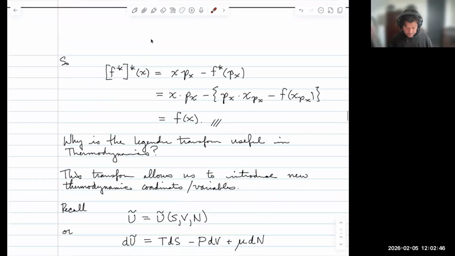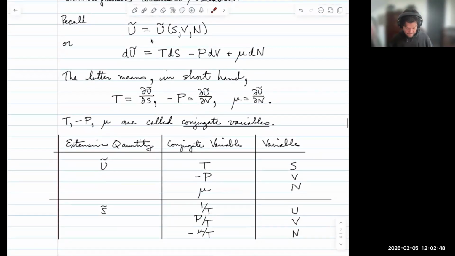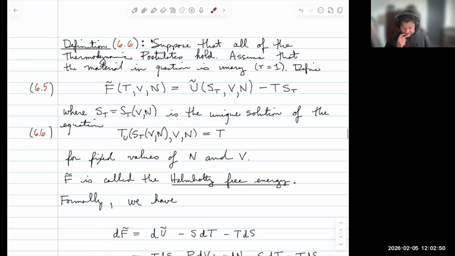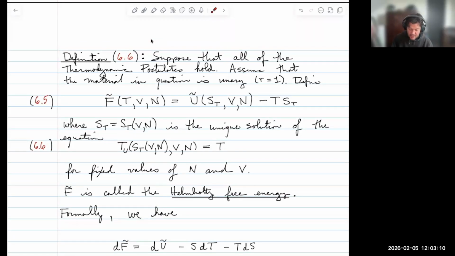So it's T times S_T minus U. Sorry, U minus T S_T. So we're defining it a little bit backwards, but it's still a Legendre transform. And if you're puzzled about that, have a look at it and think about what we're doing. All right, so U minus T S_T.